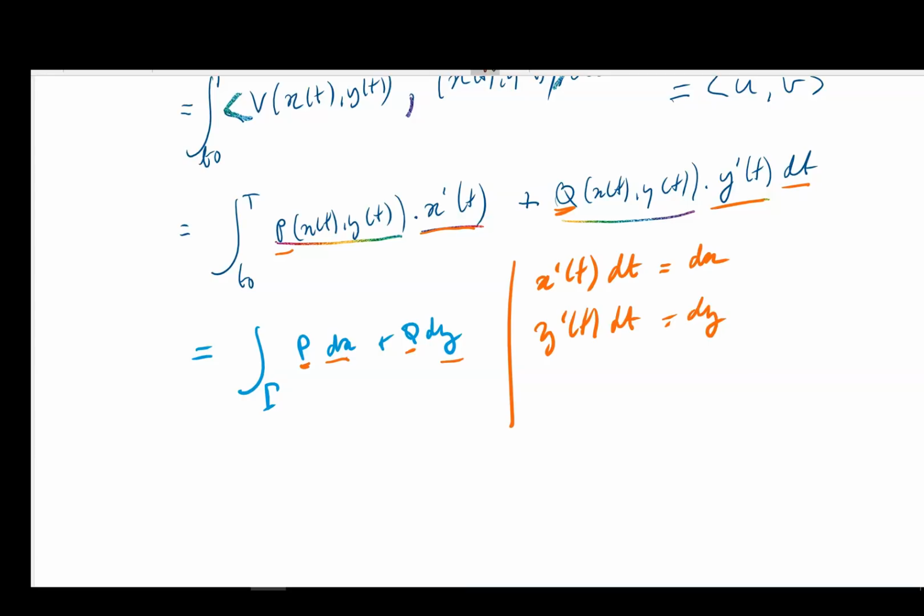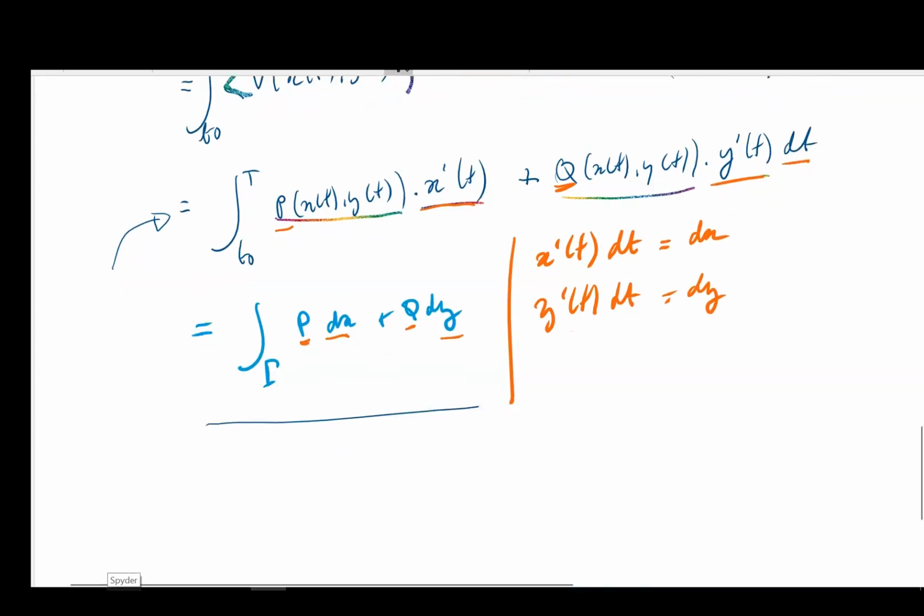So I guess it's time for an example. Before we dig into the example, if we want to calculate this, we need a parametric description of the curve, and we're going to apply this formula here.